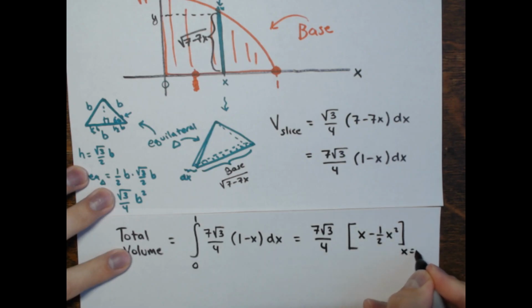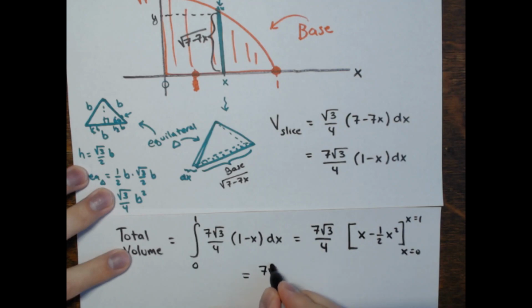We're going from x equals 0 to x equals 1. I plug in 1, I plug in 0 and subtract them. Well, when I plug in 0, that's nothing. So it really is just what happens when I plug in 1. And when I plug in 1, that's 1 minus a half, so half. This times a half makes 8 in the denominator.